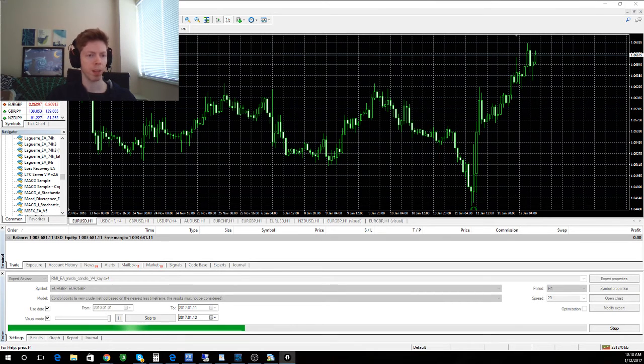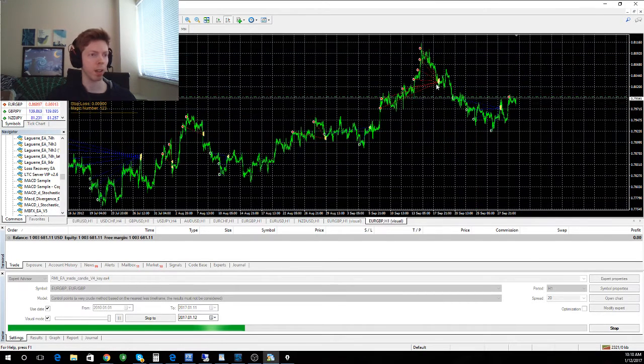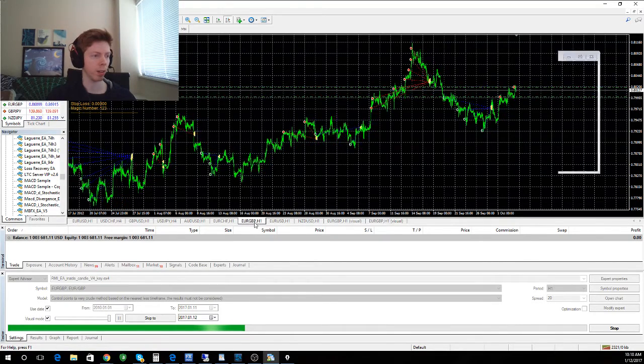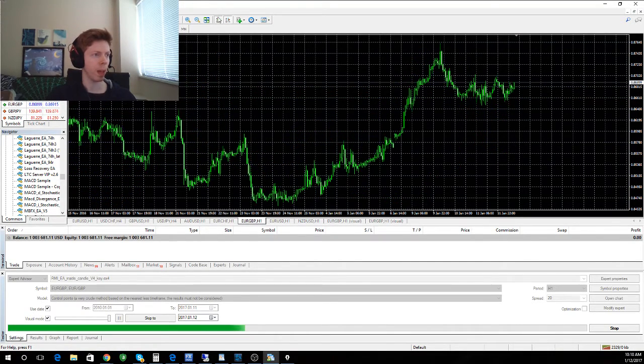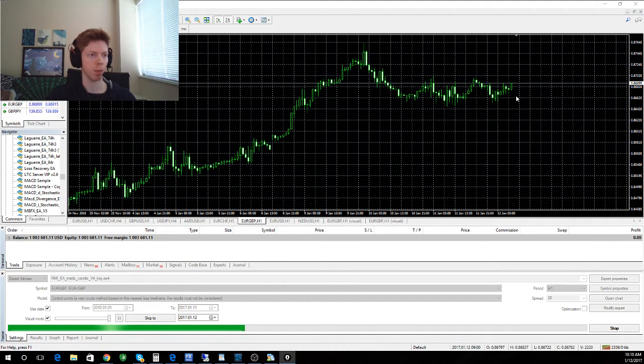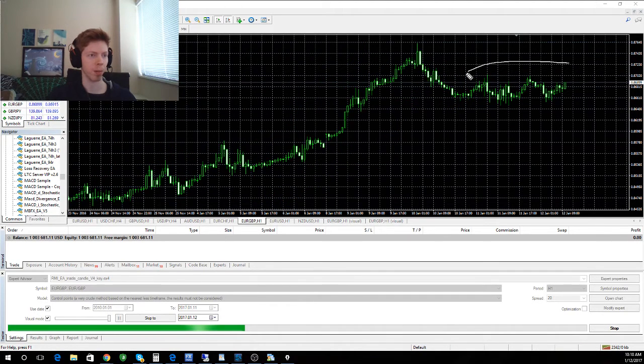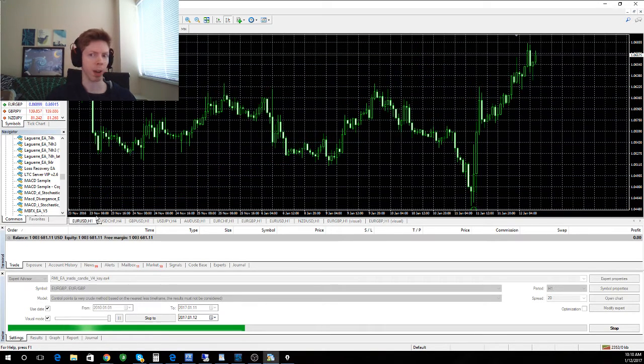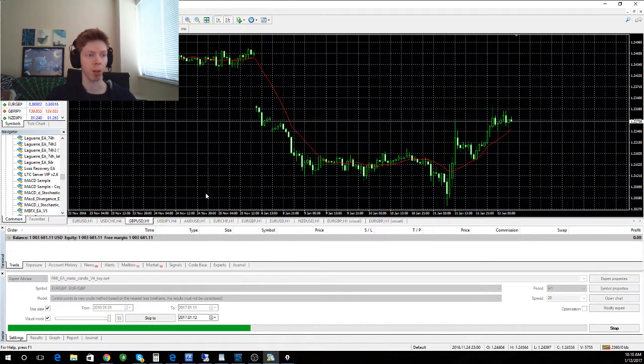Now, when they're correlated like that, that means that the Euro pound may go up as well, but the results of it going up are a lot smaller. So when both pairs are going up, that means it's going to be in this more flat market. Now the subtle differences of these two pairs, the euro and the pound, when they're not in correlation, which can happen sometimes, when one is moving up, the other one could be flat, or the other one could be moving down.